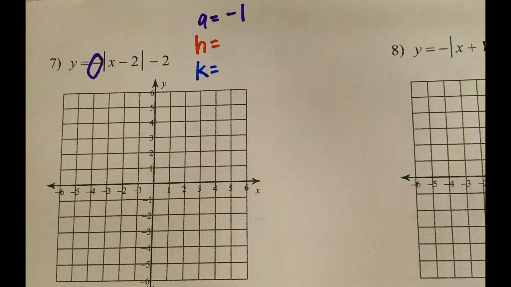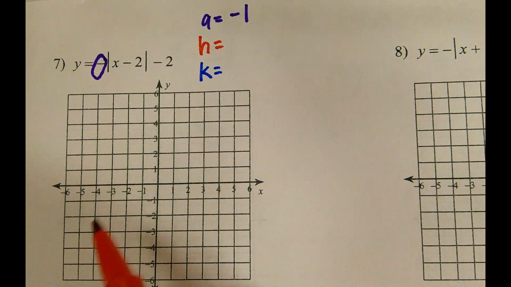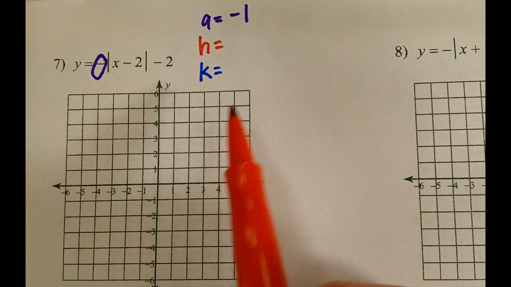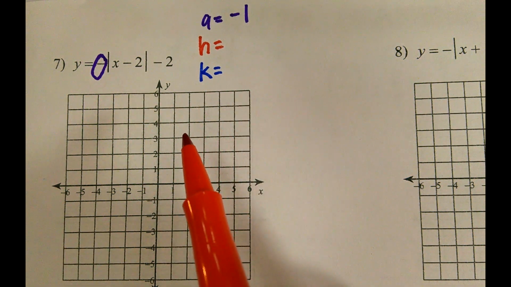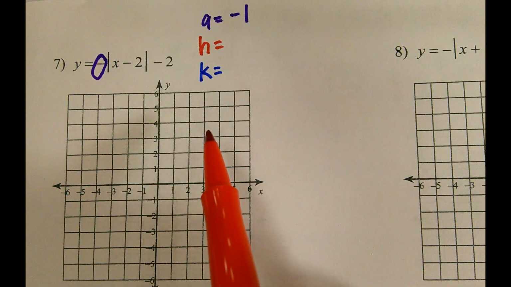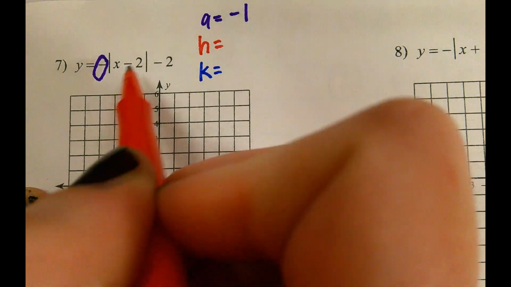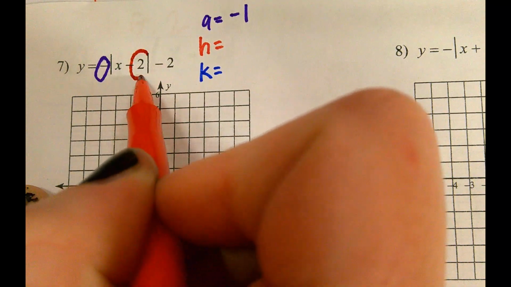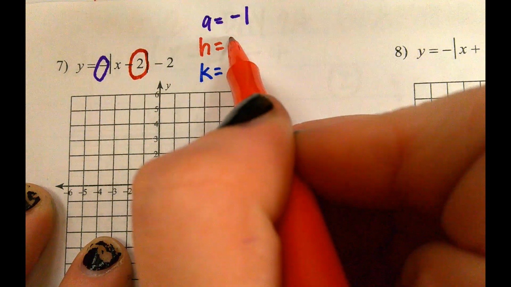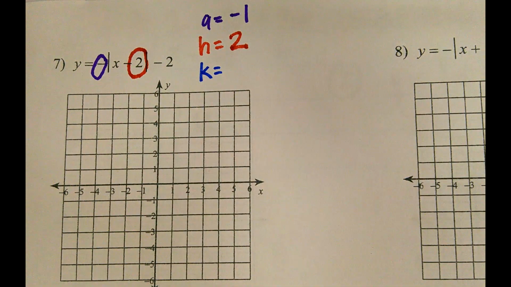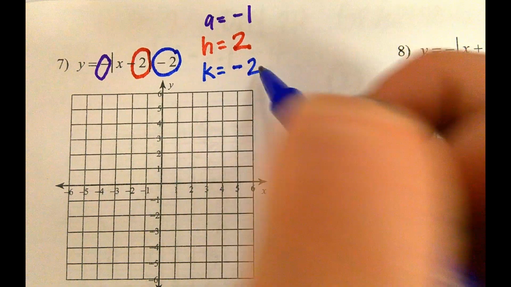Now, again, raising your hand, what is my value for H? Who can tell me my H value? Kelsey. 2. Not -2. So 2. What's my K? -2. Good. K is -2.